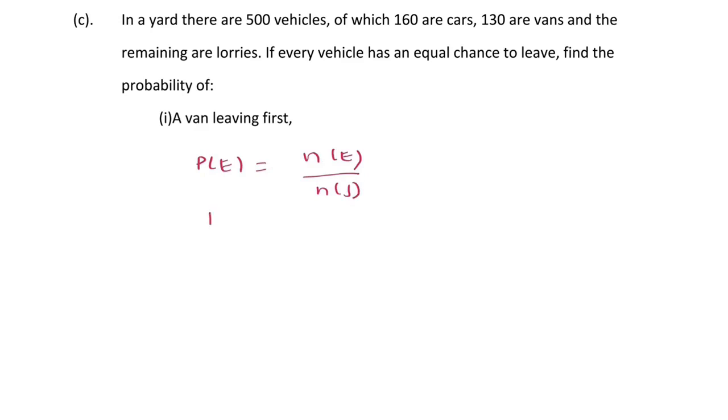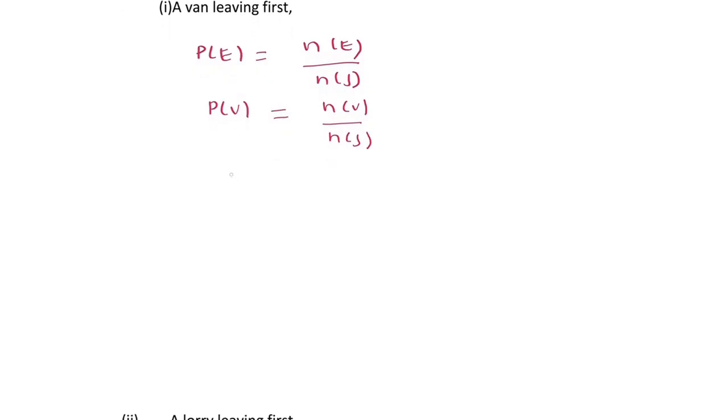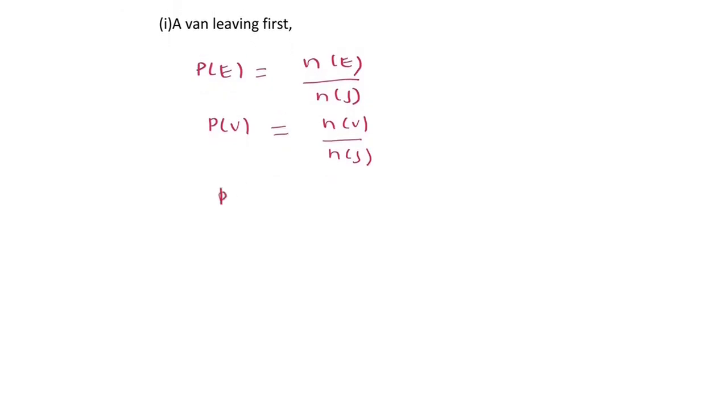So the probability for a van leaving first equals the number of van vehicles over the total number of vehicles. Let us substitute the values given from the question. Then the probability of a van leaving first equals 130 over 500, of which after solving the values we have 13 over 50, and this is going to be our answer.